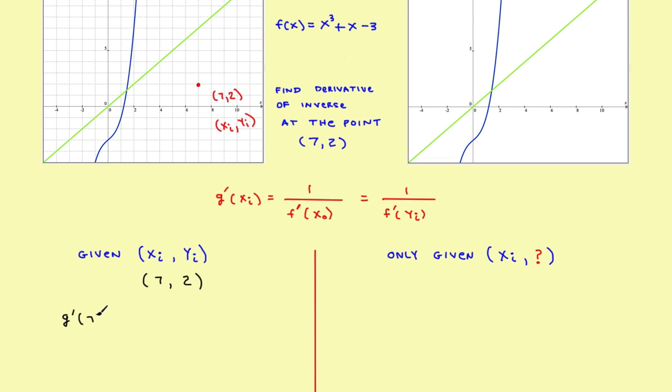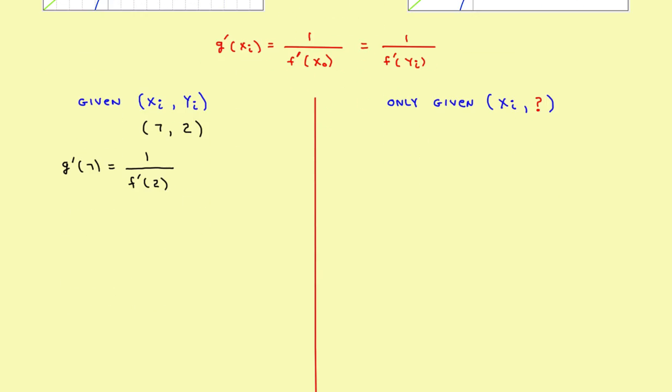So the derivative of the inverse at x equals 7 is equal to 1 over the derivative of the original function at y sub I, which would be 2. So you can say that the derivative of the inverse function at x sub I is equal to 1 over the derivative of the original function at y sub I, using this version right here. Let's run through that, and you'll see it actually makes a pretty easy solution.